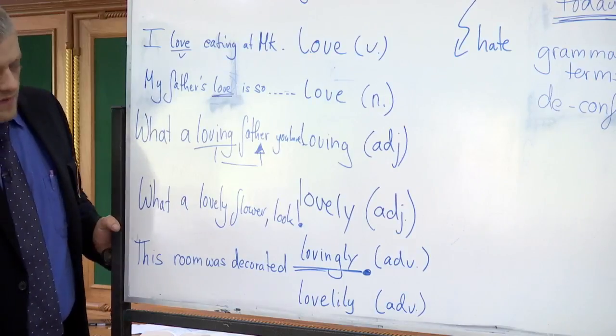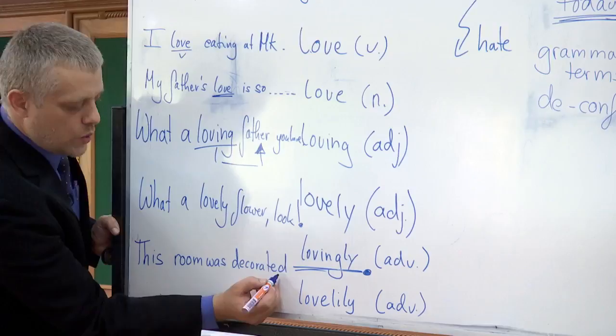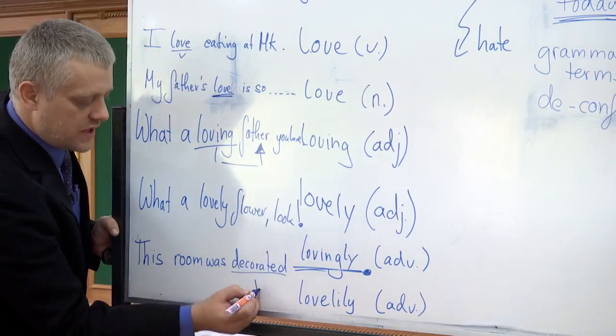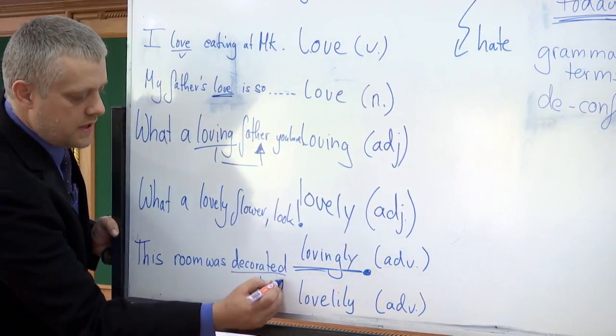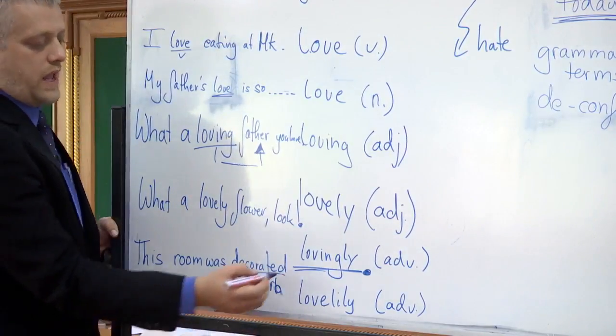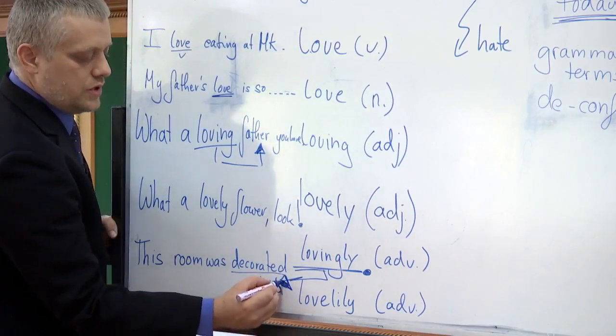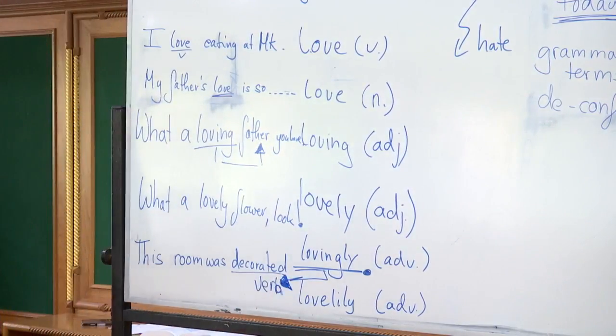Now we don't have a noun next to it which is described as in the adjective. No, we use it to describe the verb. Verb. So we have an adverb which goes into explaining how this room was decorated.